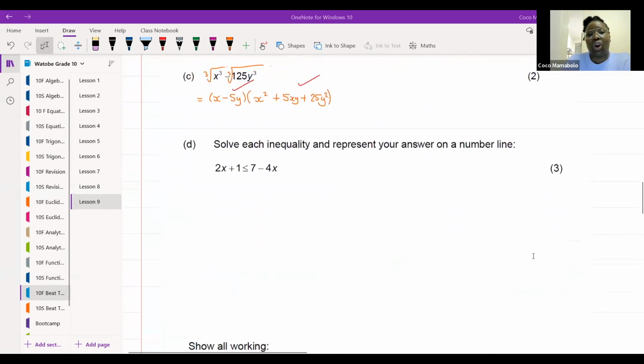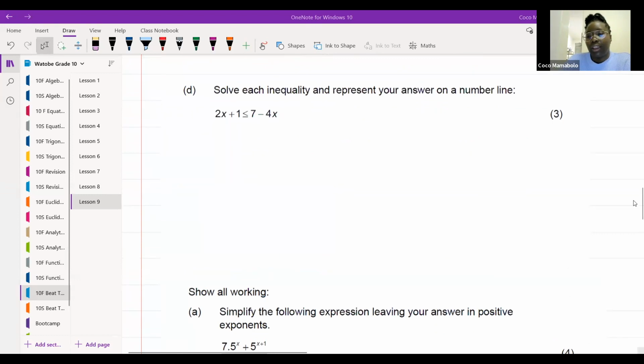All right, guys, let's go to question D. Question D says, solve for the inequality and represent your answer on a number line. I'm going to get to the number line in just a second. First I'm going to give you a chance to solve this inequality. Do we solve an inequality any different to how we would solve an equation?